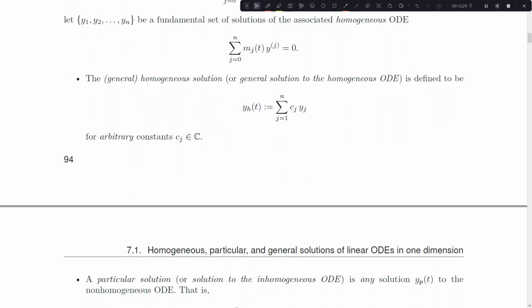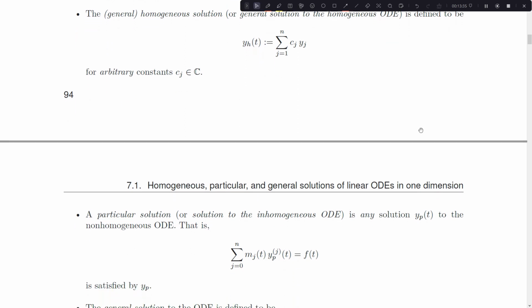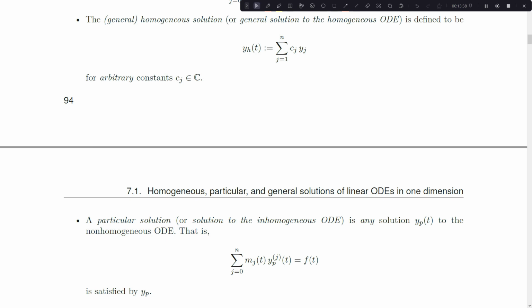I then look for a particular solution. So a particular solution, which is what I'm going to call y_p, p for particular, is any solution to the, I guess I called it non-homogeneous there, I should probably call it inhomogeneous, even though you can use either language.